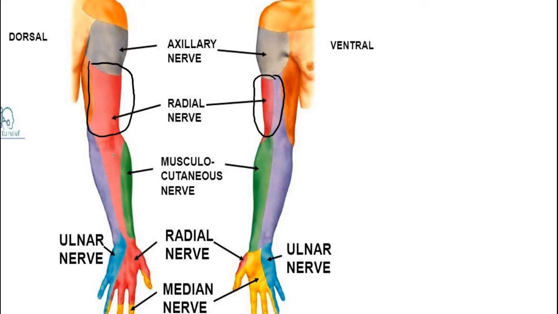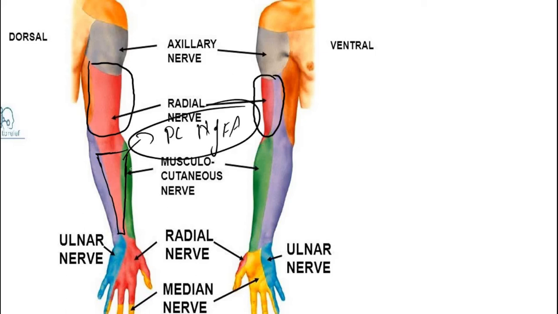And guys, as you can see, this area, that is the middle of the back of the arm, this innervation is supplied by the posterior cutaneous nerve of the forearm. This branch is also given in the spiral groove itself. So guys, I hope all the concepts for the radial nerve are clear.